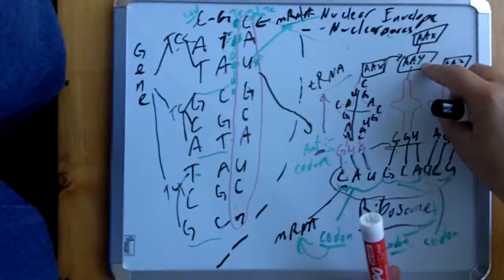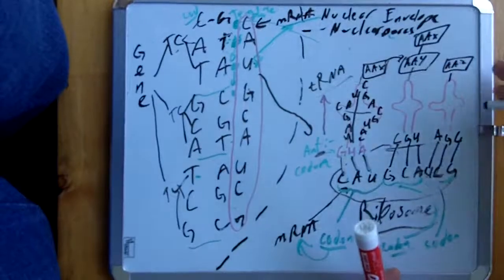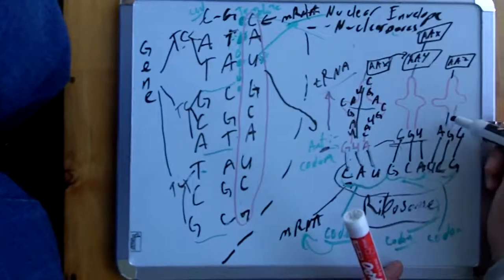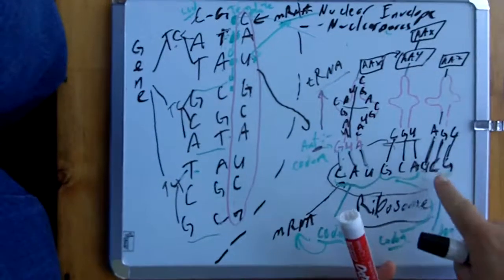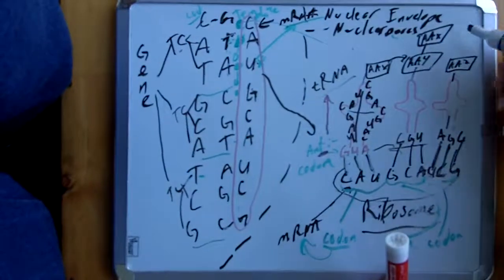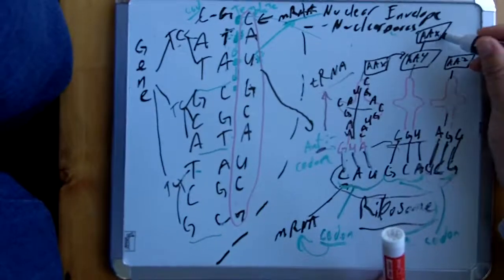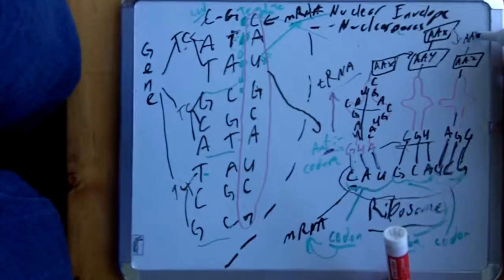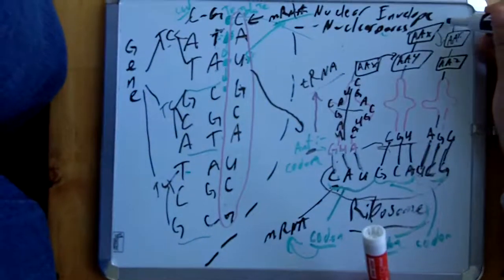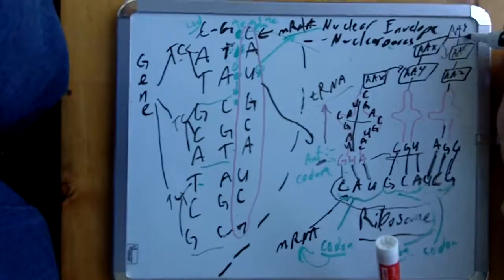We're starting to form a larger protein. Now, when this tRNA binds to this codon of messenger RNA, amino acid X and amino acid Y jump over, and now we have amino acid X bound to amino acid Y.